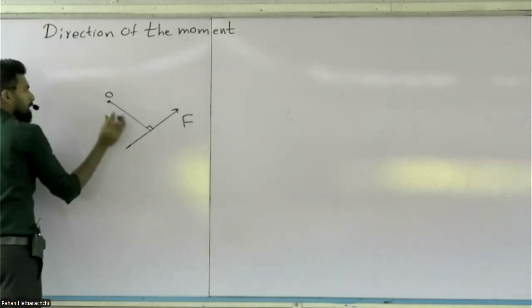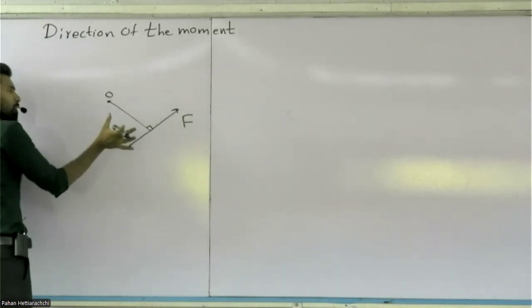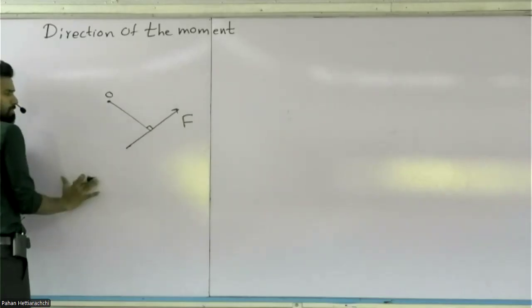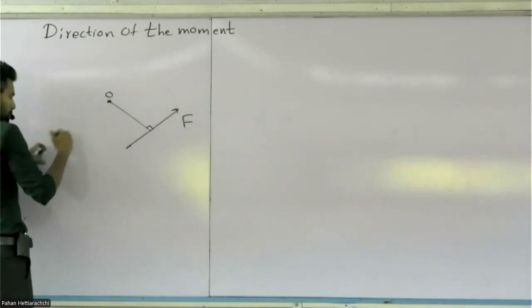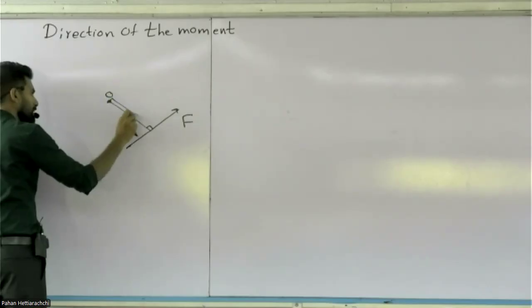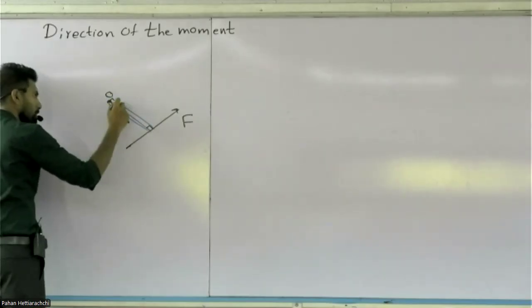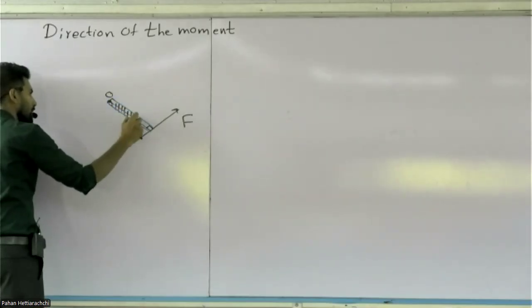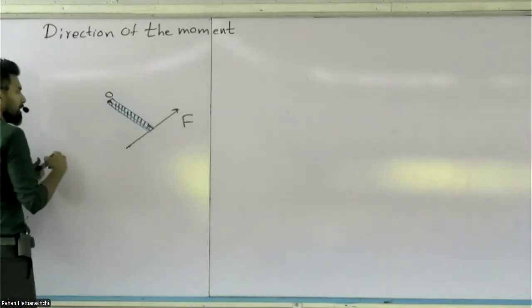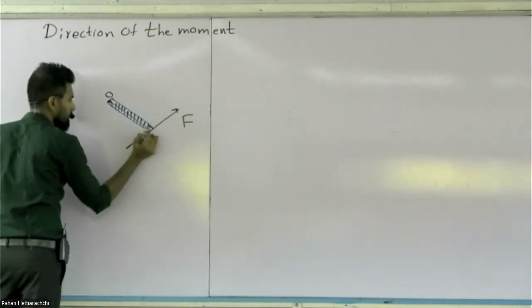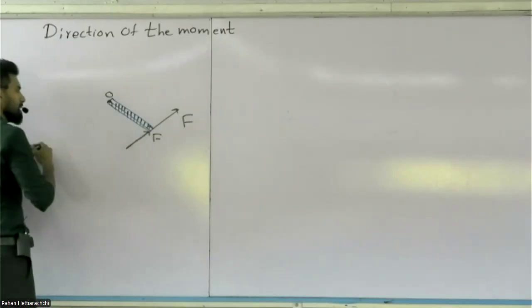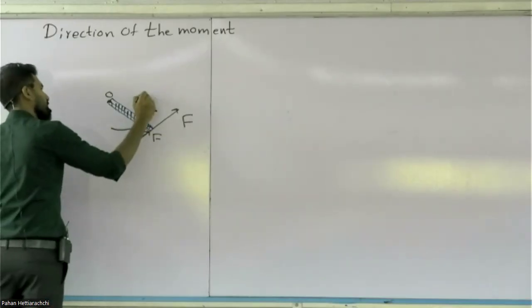First, understand whether this moment is clockwise or anti-clockwise. This is the point O. I will keep the hypothetical object along the perpendicular and apply this force physically. Then I can see the object will move like this.